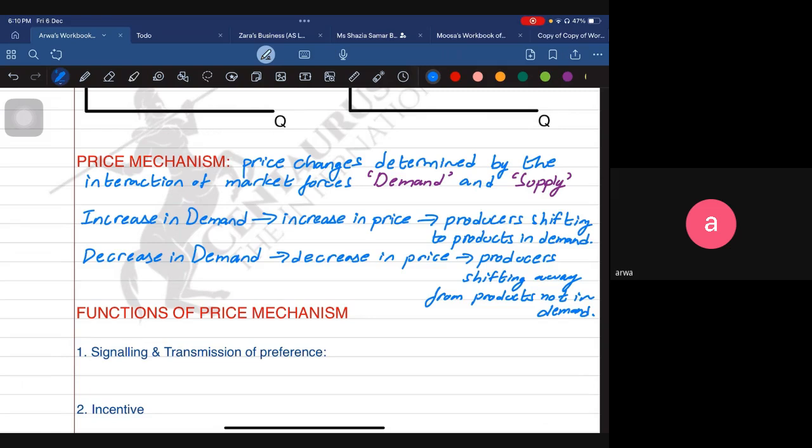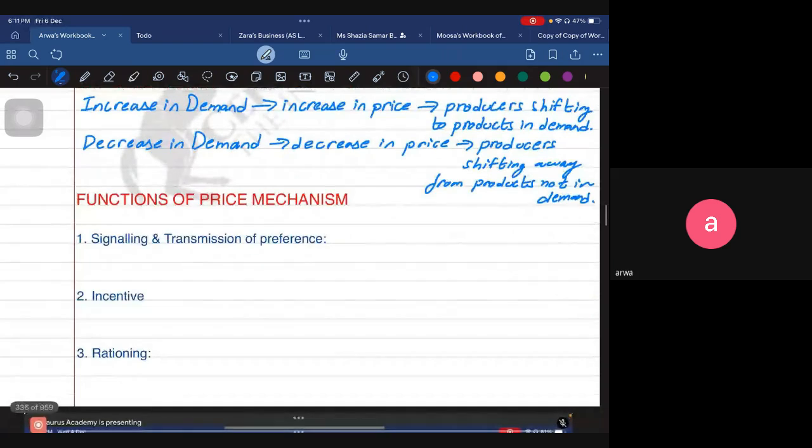Now we are going to talk about the functions of price mechanism. So the first function that we have is the signaling and transmission of preferences.